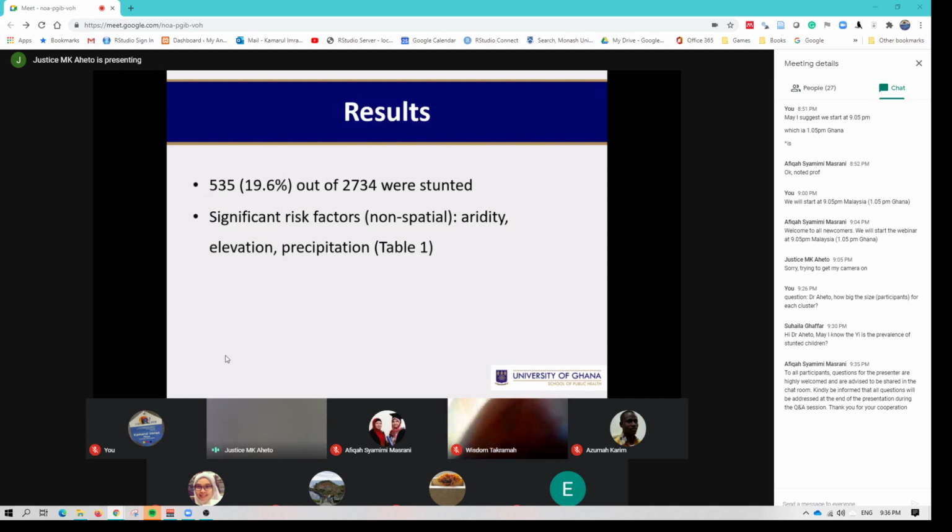In performing the geospatial models, first we try to find out if without taking into account the spatial correlation, how the risk factors we are considering look like. And then when we do that, we call that a non-spatial model. When we do that, we observe that aridity, elevation, and precipitation were statistically significant.